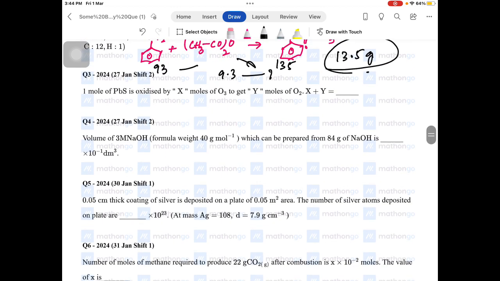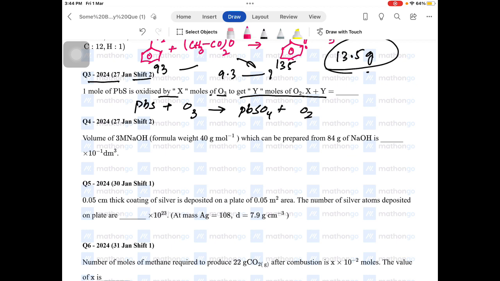Next, question number 3, 27th Jan shift 2 question. One mole of lead sulfide is oxidized by x moles of ozone to get y moles of oxygen. x plus y is? Lead sulfide reacts with ozone to give lead sulfate and oxygen. To balance this reaction, take 4 moles of ozone.